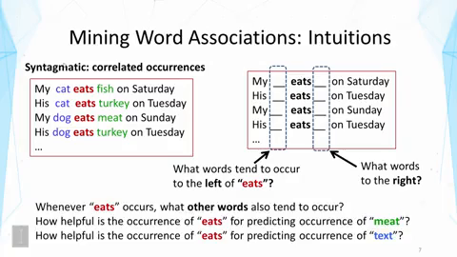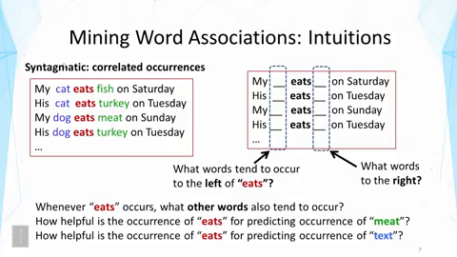So the important question to ask for syntagmatic relation is, whenever eats occurs, what other words also tend to occur? So the question here has to do with whether there are some other words that tend to co-occur together with eats, meaning that whenever you see eats, you tend to see the other words. And if you don't see eats, probably you don't see other words often either.